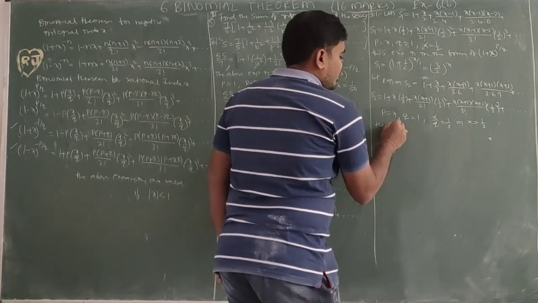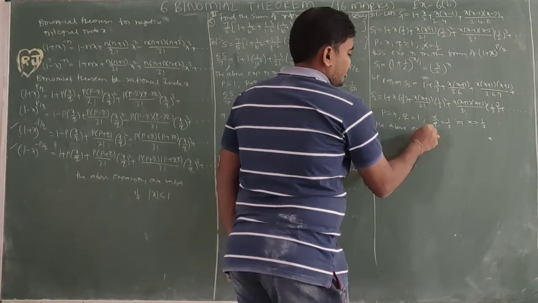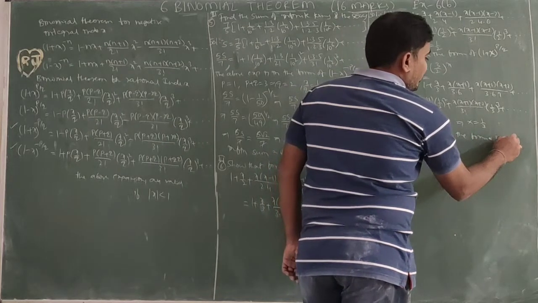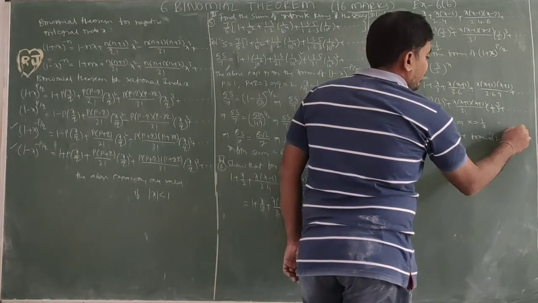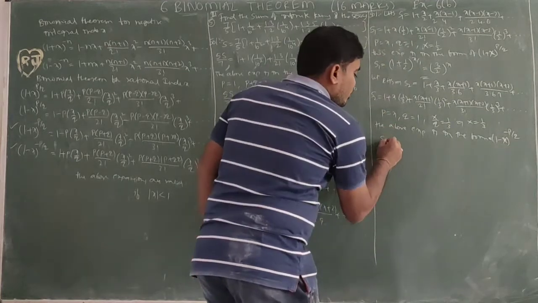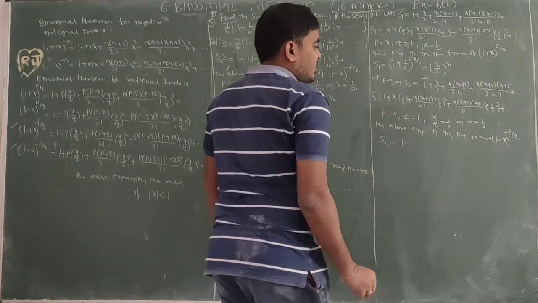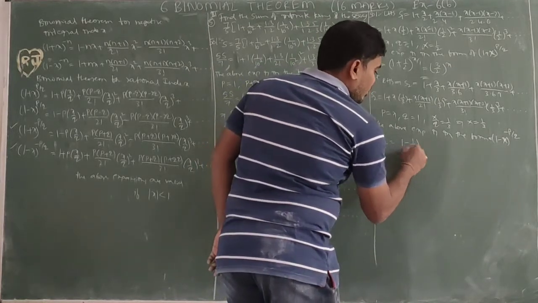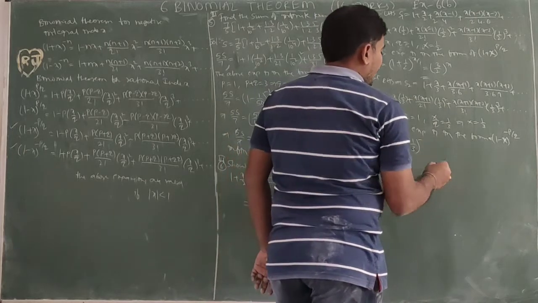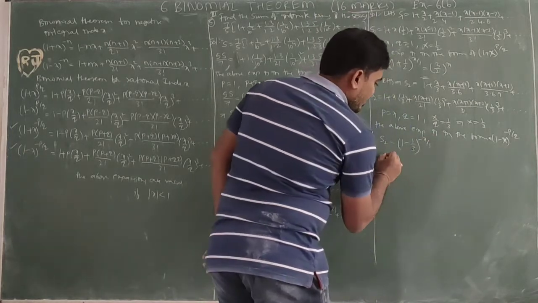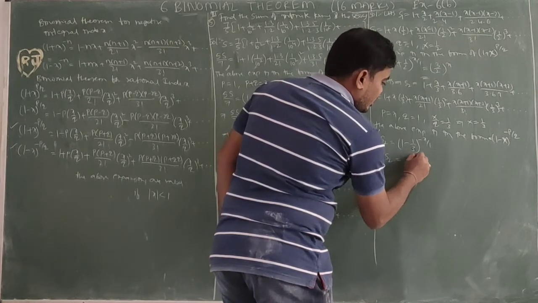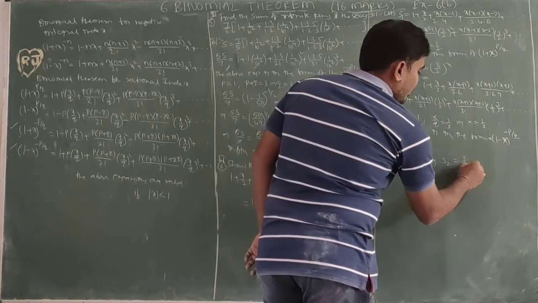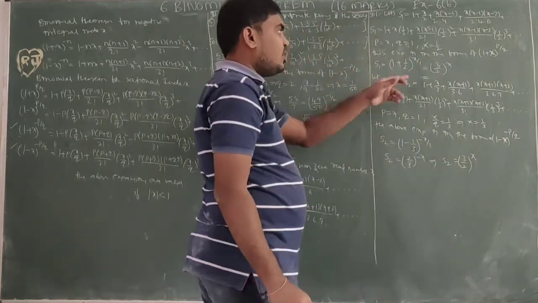The above expansion is in the form of (1 - X)^(-p/q). So S2 = (1 - 1/3)^(-x), which implies S2 = (2/3)^(-x), so S2 = (3/2)^x.